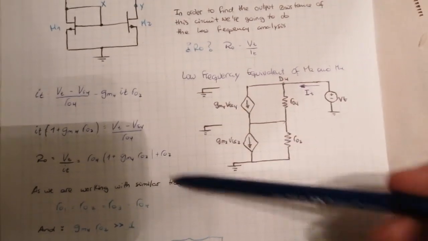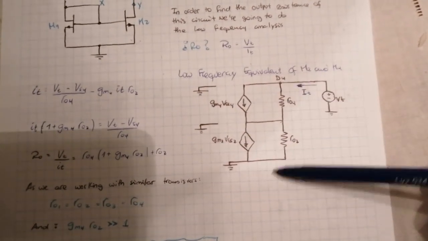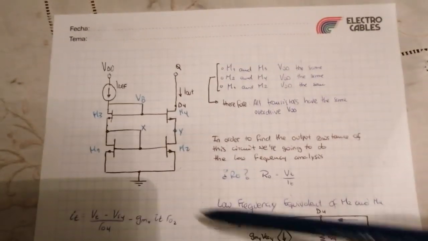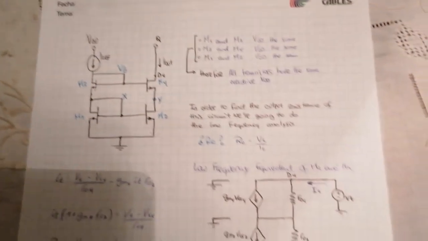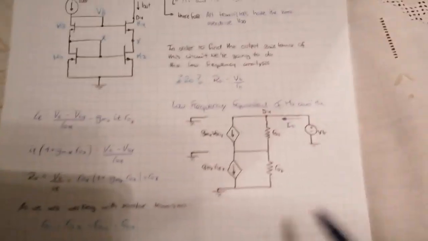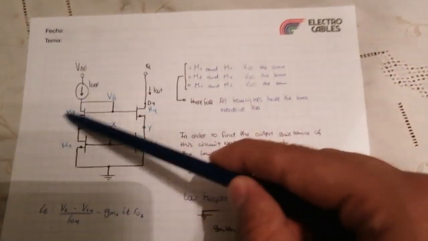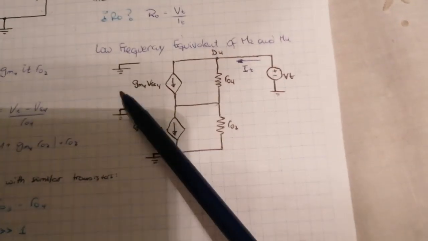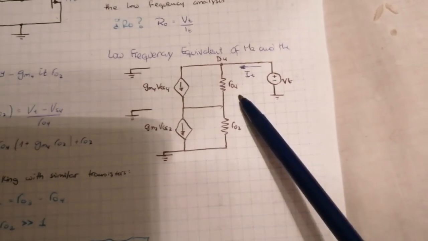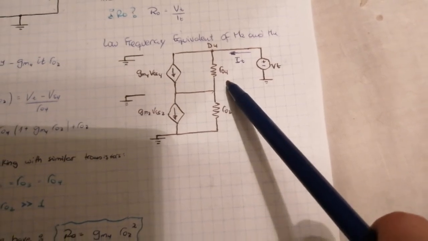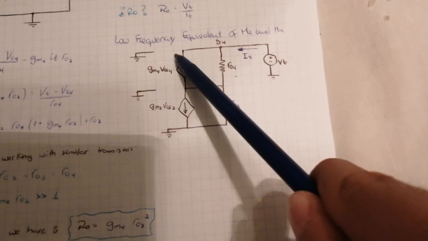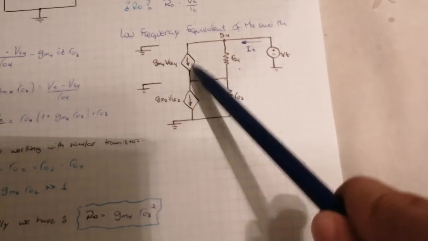As we can see right here, this is the low frequency equivalent of these 2 transistors, because we want to know the output resistance, so there's no point in analyzing these transistors. In these transistors, these are the equivalents. We have the resistance of transistor 4 and transistor 2, the dependent current source for both of them, and the open gate.